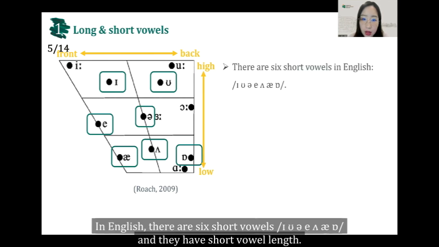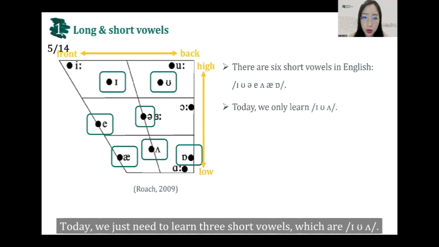In English, there are 6 short vowels: /ɪ/, /ʊ/, /e/, /ə/, /ʌ/, /æ/, /ɒ/, and they have short vowel length. Today, we just need to learn 3 short vowels, which are /ɪ/, /ʊ/, and /ʌ/.